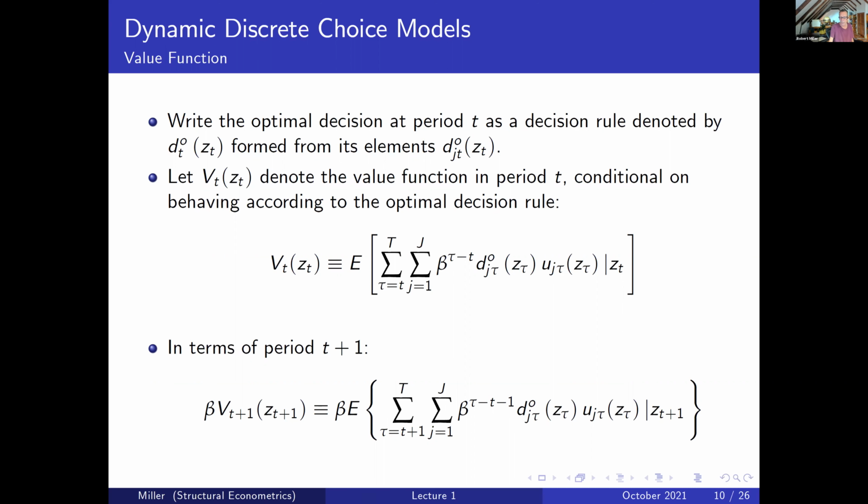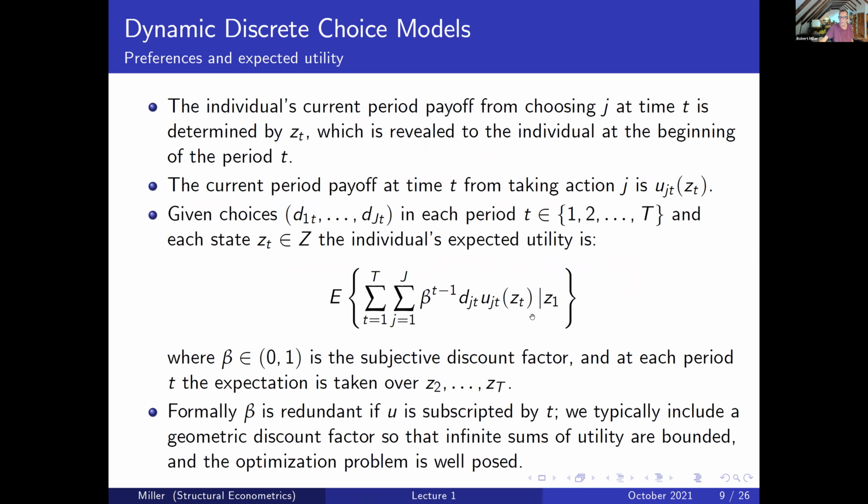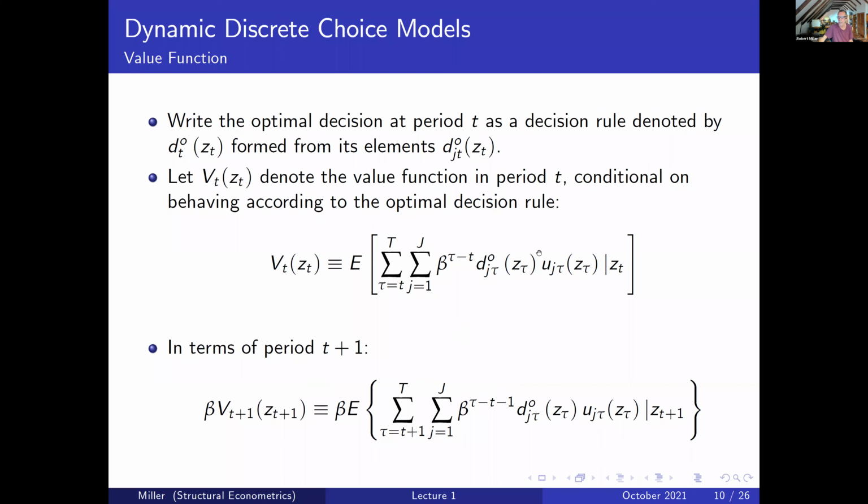You're maximizing this thing by choosing D's each period, where the D's depend on your background characteristics or whatever is relevant. We're going to choose the D's to maximize that. And we will just call the optimal decision rule from that maximization problem, which I've only intuitively described, D_t optimal, with a little o.